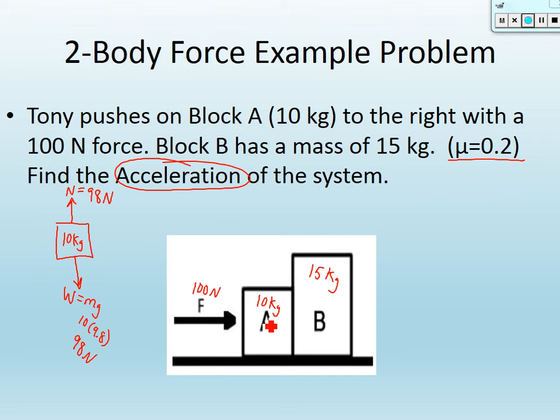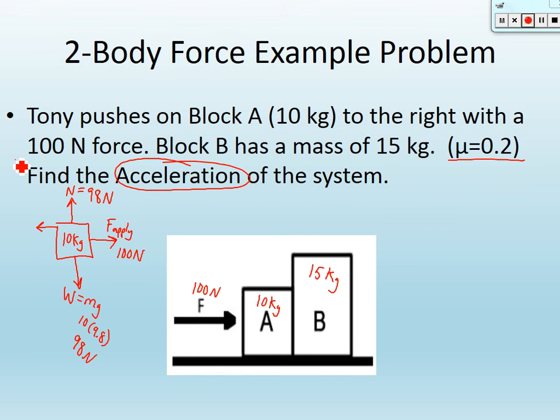All right. Now, let's draw a force to the right. What's pushing block A to the right? Force applied. So let's label it force applied. And its magnitude, it told us, was 100 newtons. Now, let's go to the forces that are pointing to the left on block A. What's a force that's going to the left on block A?